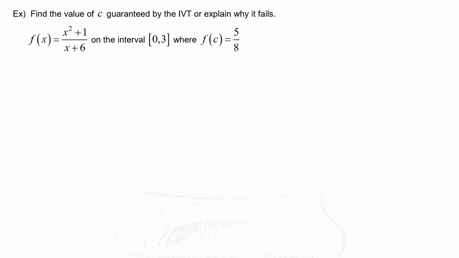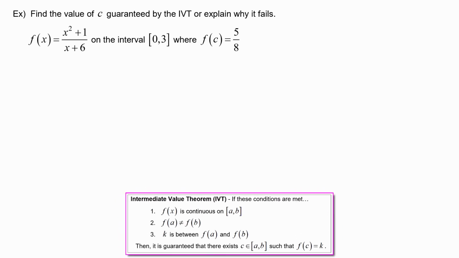Now, in terms of the intermediate value theorem, this 5/8 is the value of k. So that's the y value where we will have to find c, which is the x value at that y value. Now let's walk through the steps of the hypothesis of the intermediate value theorem.